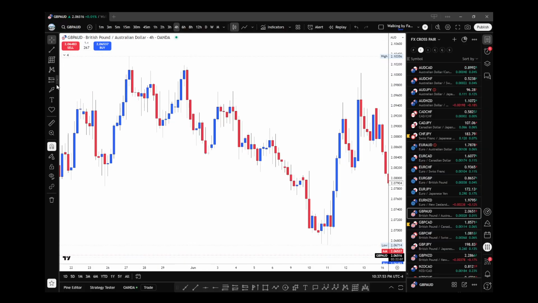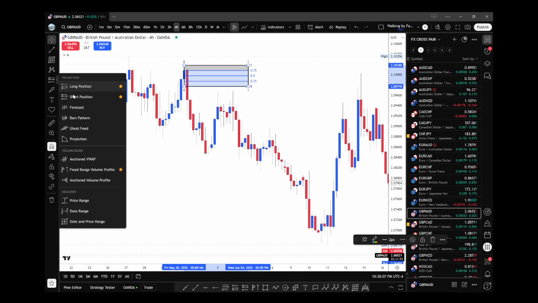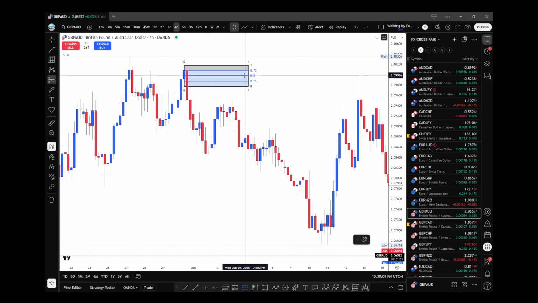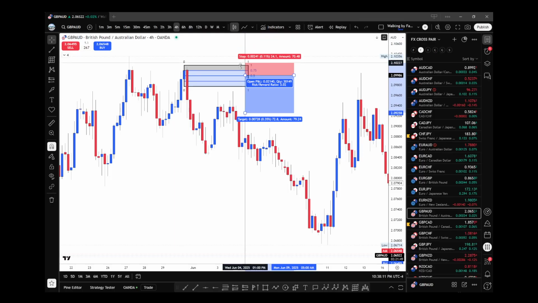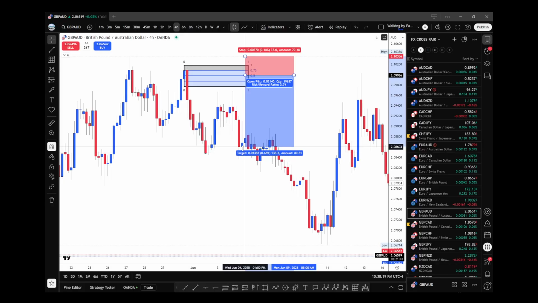Now all we have to do is simply use our box. I like to use Gann, mark it from high to low, and then all we're waiting for, let's say we have the 25, 50% above the high. I'm gonna use the previous one because it's a little bit safer. And then take it down to at least 1 to 3, right?